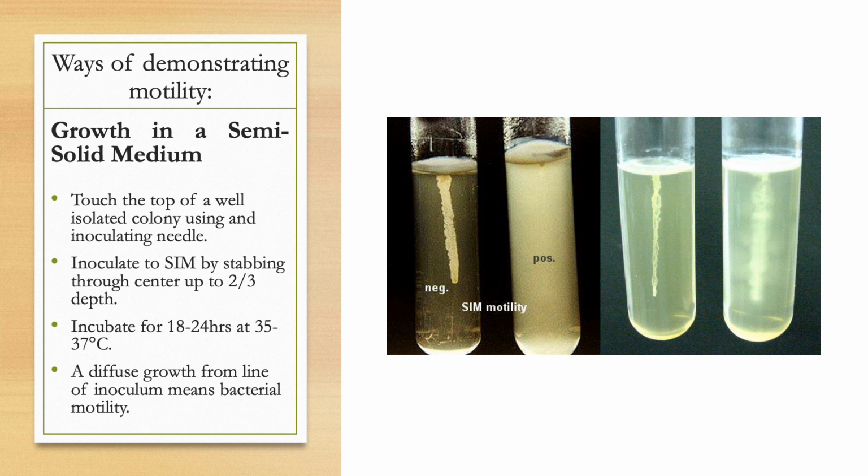you can notice that the whole tube in this first example is cloudy, so meaning the bacteria have migrated throughout the tube. And here in the second example, you see that the area surrounding your stabbing line is cloudy, meaning that bacteria have emerged from the stabbing line into the surrounding area.